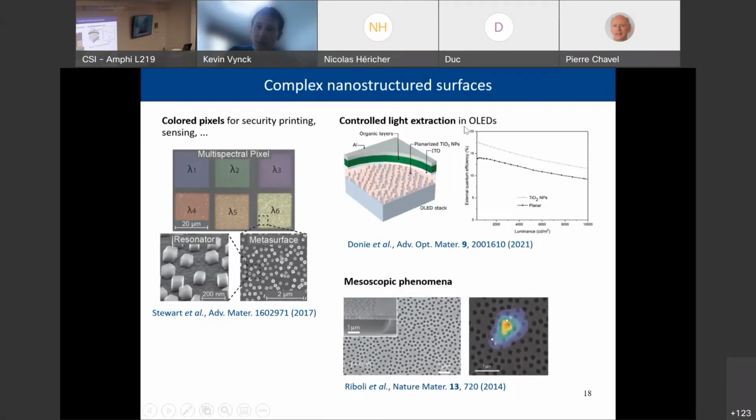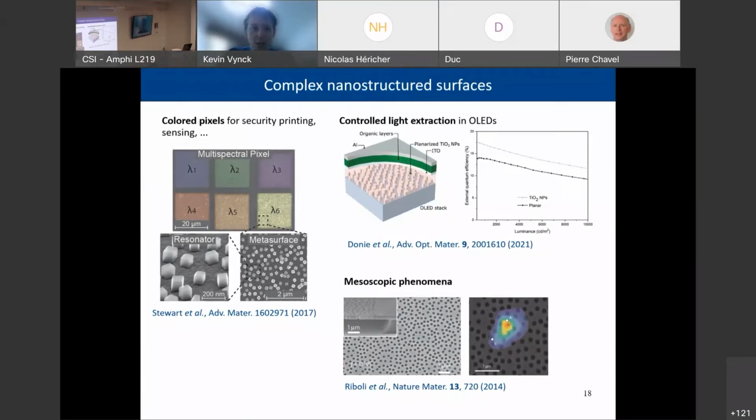Another very interesting and powerful application is in organic LEDs. So an organic LED is a light source. It's a thin film stack where you have light emitters that are incorporated in one of the layers. And these light emitters are active. So the light emitted by those emitters is extracted partly, and it remains confined partly by index confinement simply in the layers.